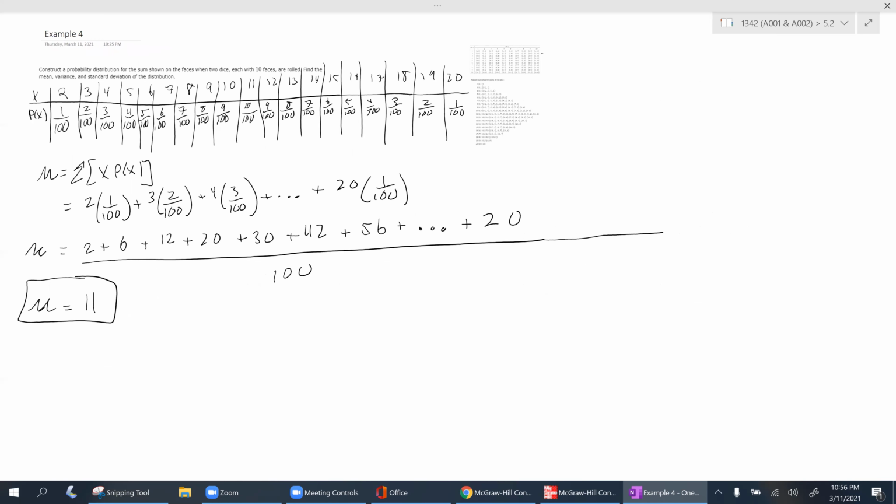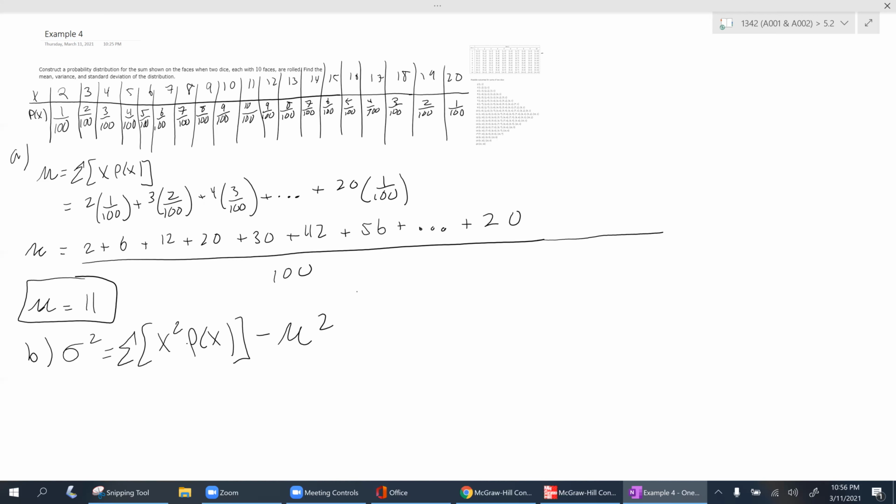We're going to go ahead, so this was A here. For B, I need to find what? My variance. We know this is the sum of these x squared values times P of x, minus my mu squared.